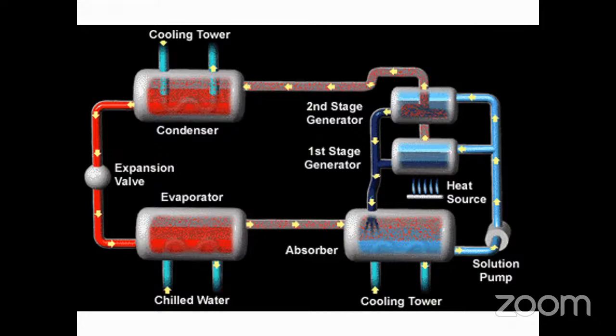For the condenser pump, if it is a water cooled system, we require a water pump, then cooling tower fan. Then if it is an air cooled system, then a number of fans are there, so we require fan motors. So electricity is very much important there.